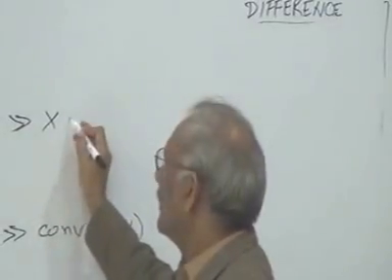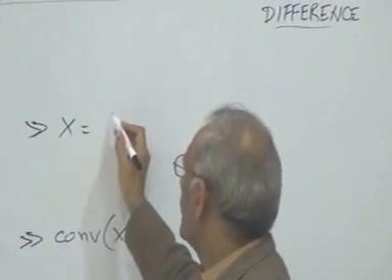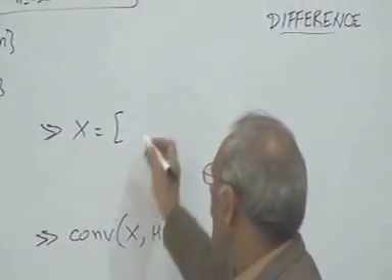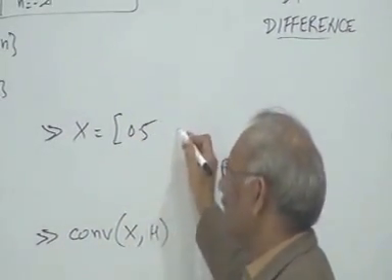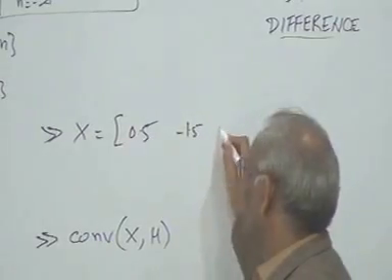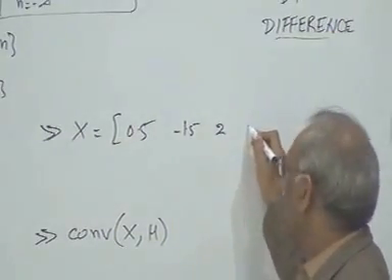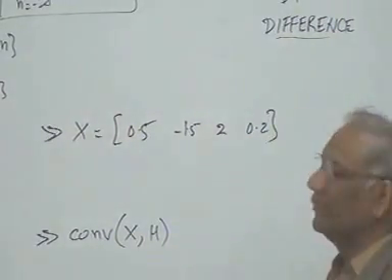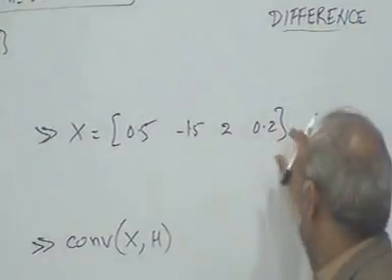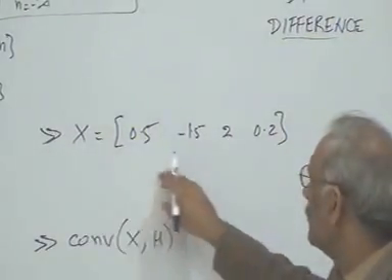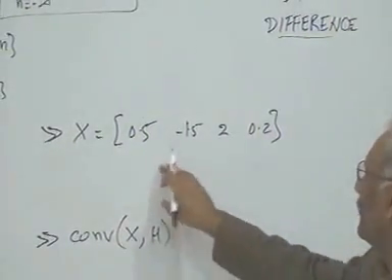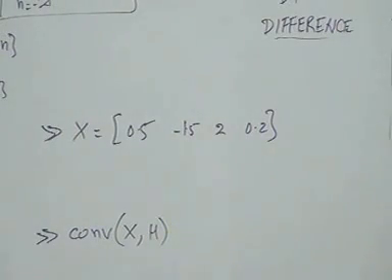In MATLAB, if you have to do this, at the command prompt we will type a variable x equal to, in square brackets, 0.5 with one gap, minus 1.5 with one gap, 2 and 0.2. Now if you press enter, it is just going to echo back 0.5, minus 1.5, 2 and 0.2.